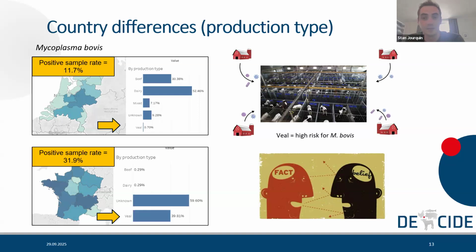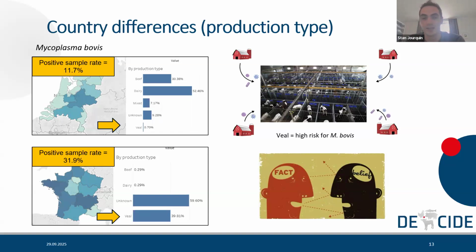Because if you take a deeper look at which production types were mostly sent in by the labs, we saw that in France the veal industry was much more represented than the dairy or the beef industry. And what we know from the veal industry is that because they commingle calves from many different farms, they deal with M. bovis in almost every round, or actually every round.